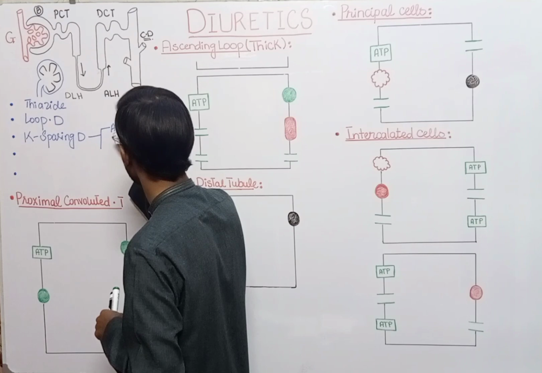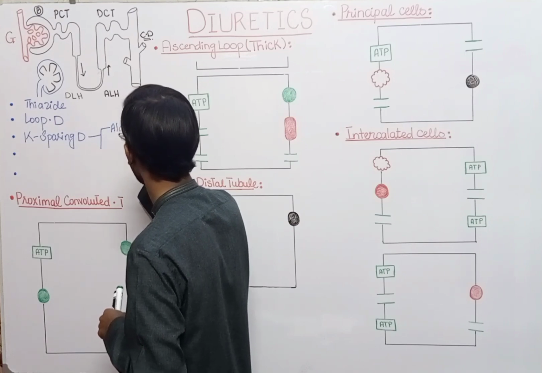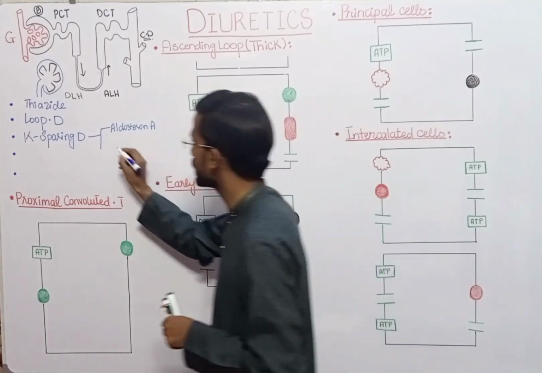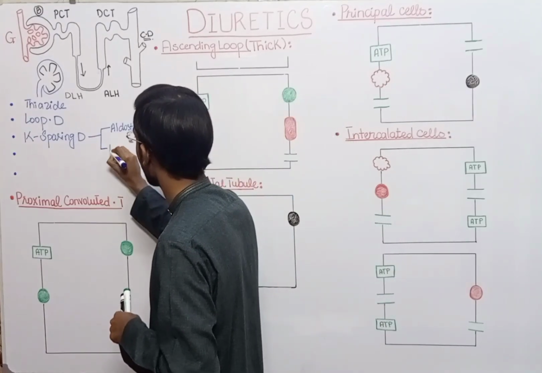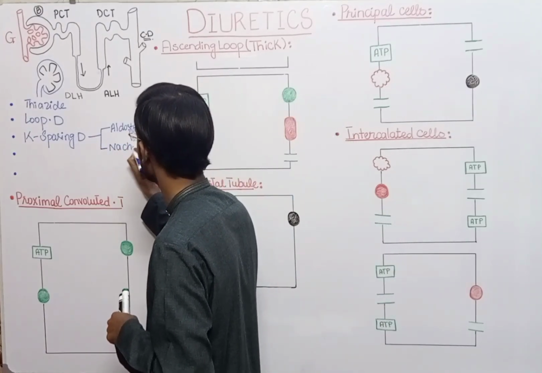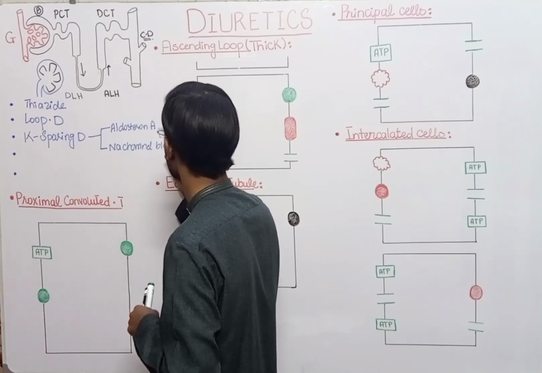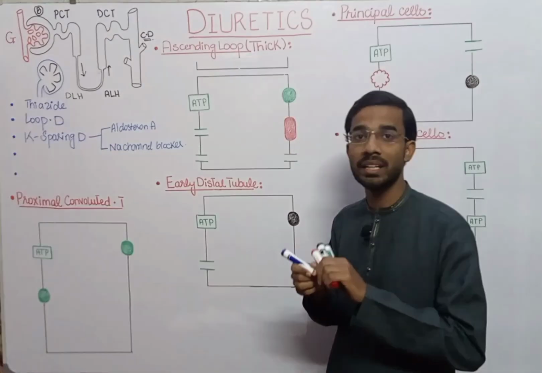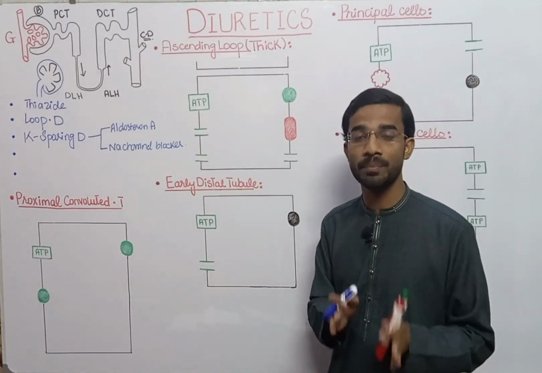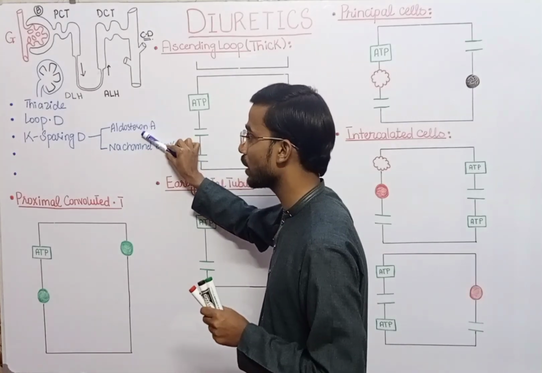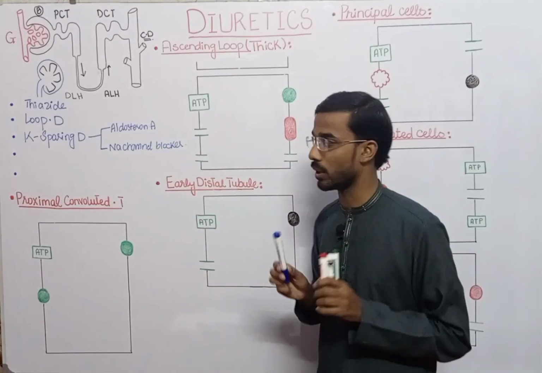We further divide the potassium sparing diuretics into two: first is the aldosterone antagonist, and second is the sodium channel blocker.